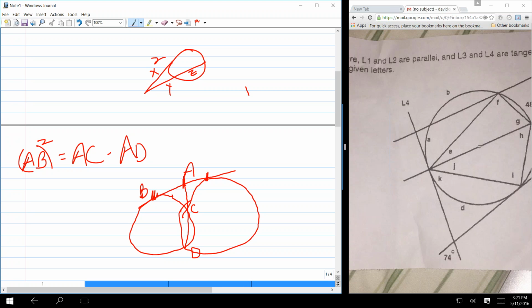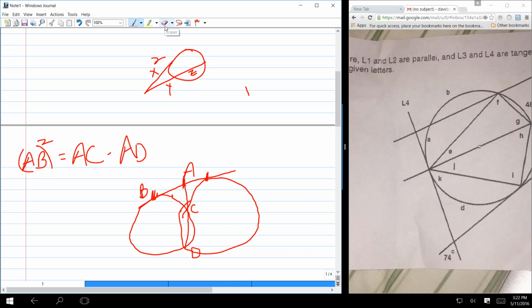The tangent line squared equals the part of the secant line that's outside the circle times the entire secant line. Well, that's the situation you have if I erase the big circle. So I would have AB squared equals AC times AD.